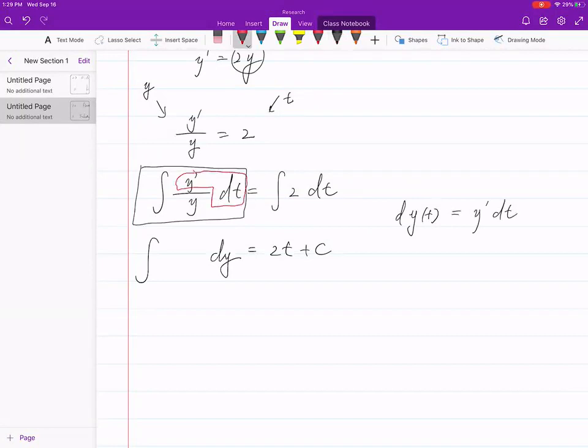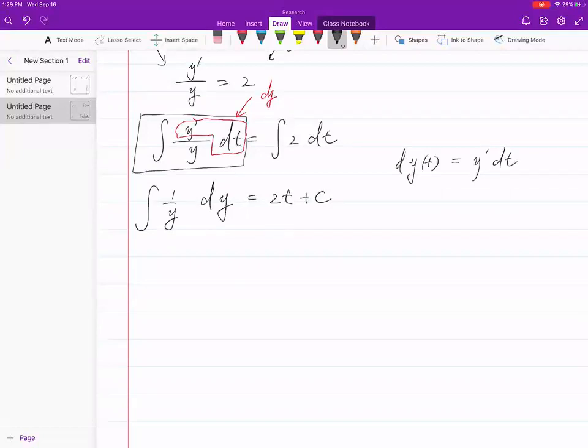Can you see this part actually gives you dy? And then what you're really dealing with is just this. But now dt and y prime together give you dy. Sounds good?